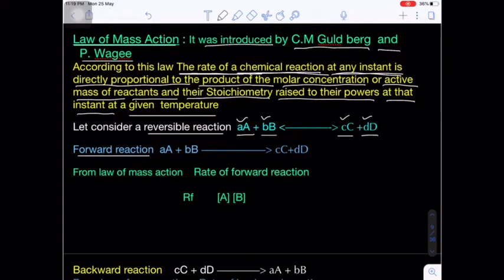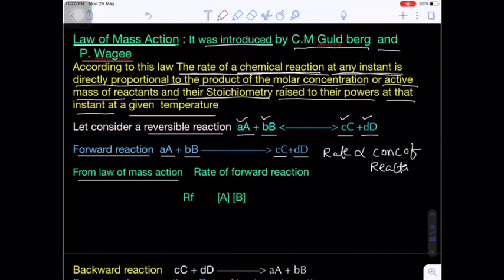What is the forward reaction? Small a capital A plus small b capital B to give small c moles capital C and small d moles capital D. Okay, now what are we applying? Law of mass action. What is the statement of law of mass action? Simple statement, what I am writing here: rate of reaction is directly proportional to concentration of reactants.